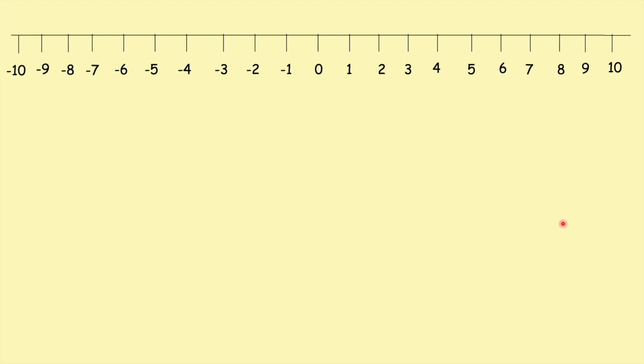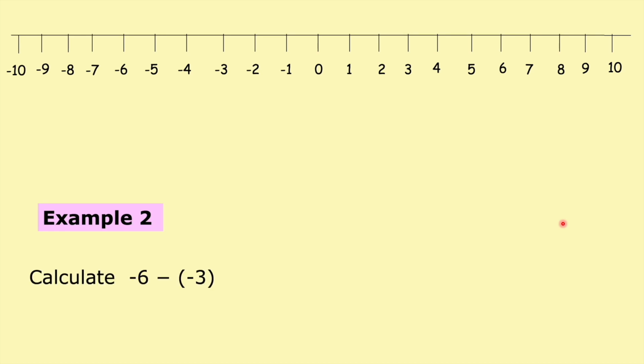Okay, let's do another example. So example 2, we have to calculate negative 6 subtract negative 3. So this time we're starting at a negative place. It doesn't matter where we are on the number line; whatever this first term is, that's where we're going to start. So this time we're going to start in the negatives. So negative 6 subtract negative 3.